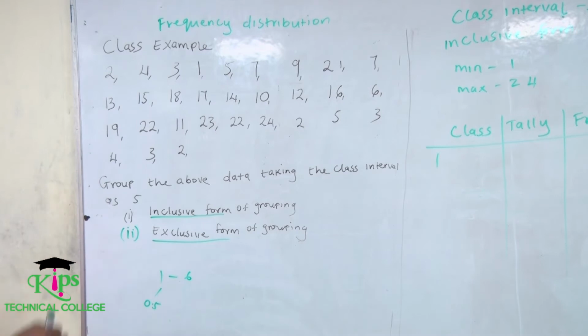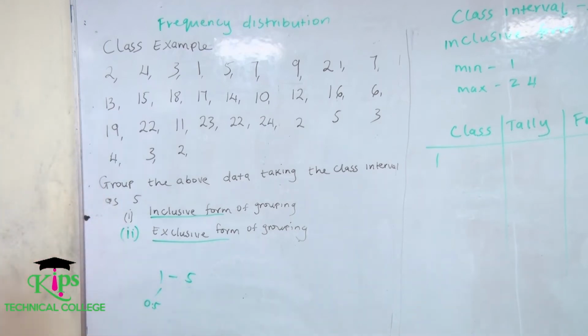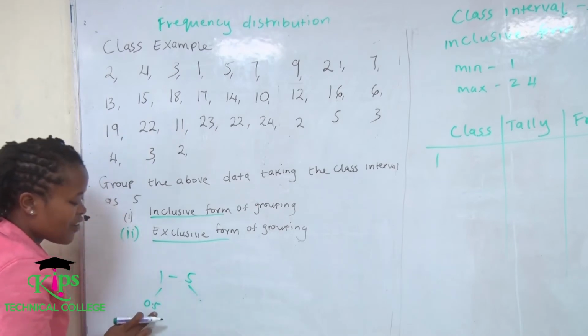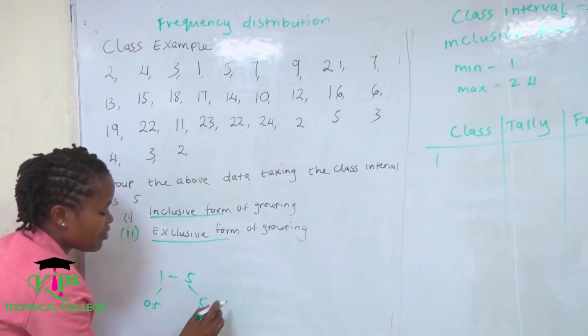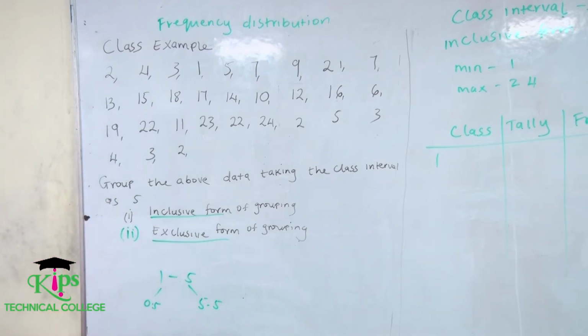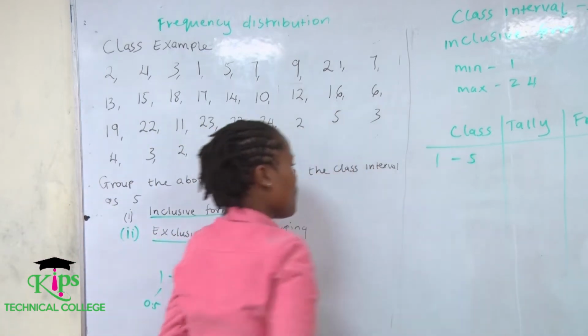But since it is inclusive form, it cannot be 6, it will have to be 5. Why? Since 0.5 plus 5 gives you 5.5, which is our upper class limit. This is inclusive form, meaning our first class will be 1 to 5.